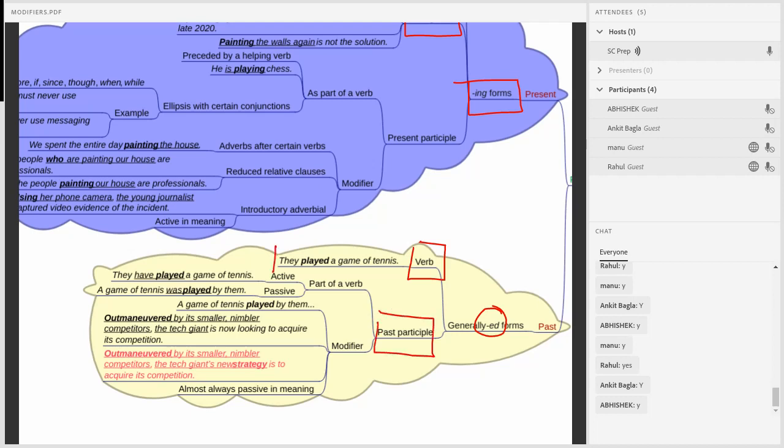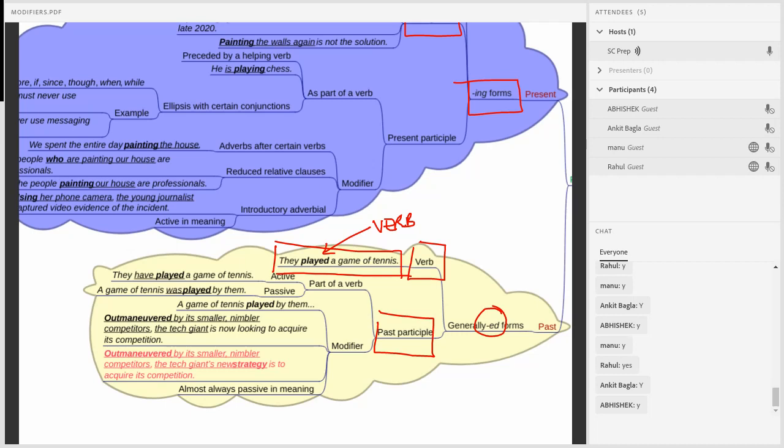Take a look at this sentence: they played a game of tennis. The subject over here is they, the verb is played. So, played is a verb. Let's mark it out. And how do you know that it's a verb? One way to check is to ask yourself, does this sound complete? Does it sound like a sentence? They played a game of tennis.